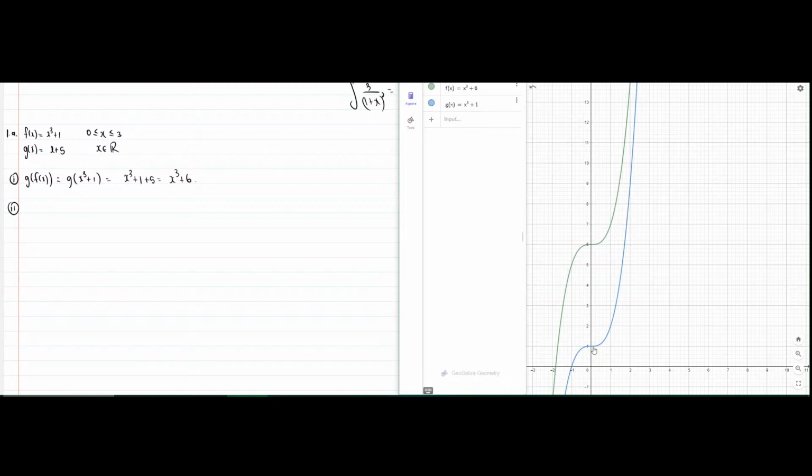So if I want to calculate the range of the graph, I need to figure out where on my y-axis does the graph exist. Now luckily I have a diagram here, but for calculations all I have to do in most cases is substitute the lowest value, substitute the highest value, and you will get the range of the values.